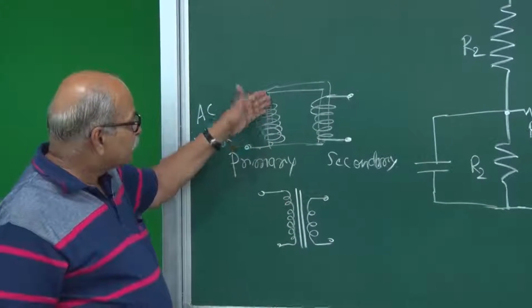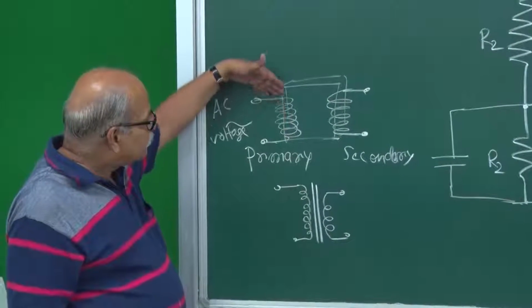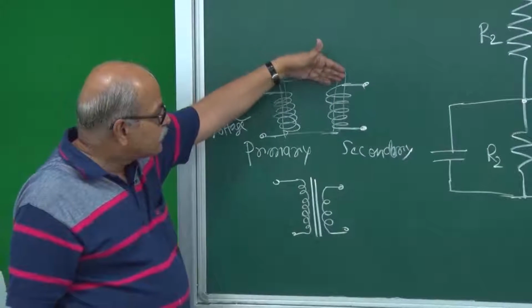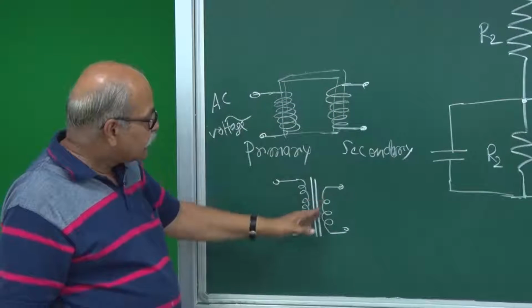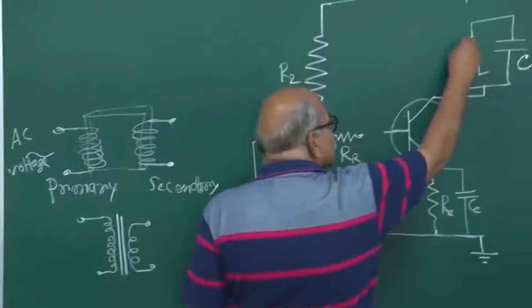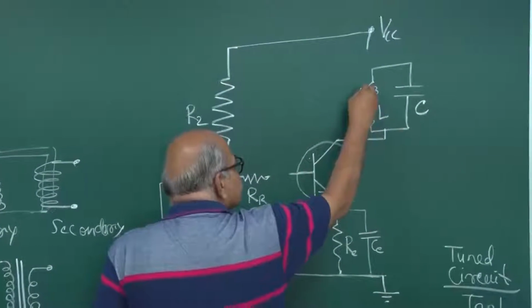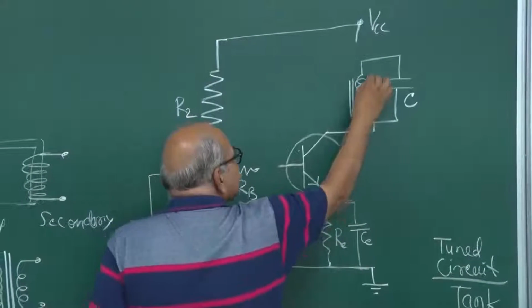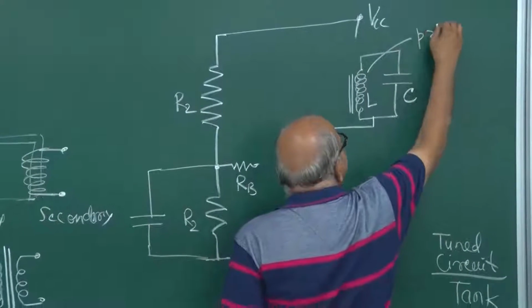Through this ferromagnetic thing, the magnetic field lines are guided. So that is the symbol. So we put the symbol here. This is that transformer primary.